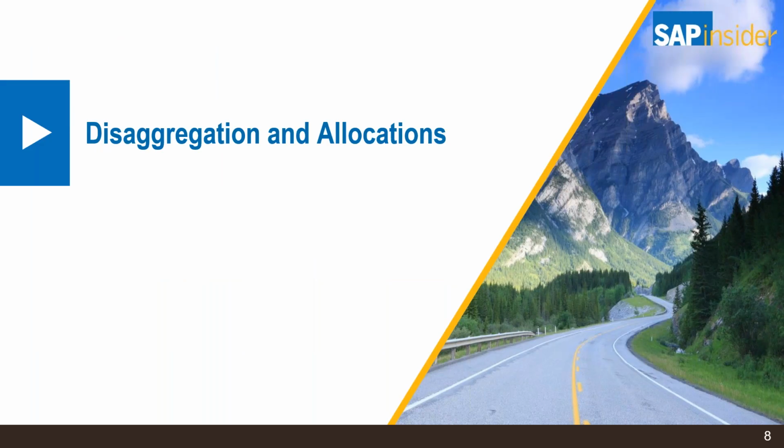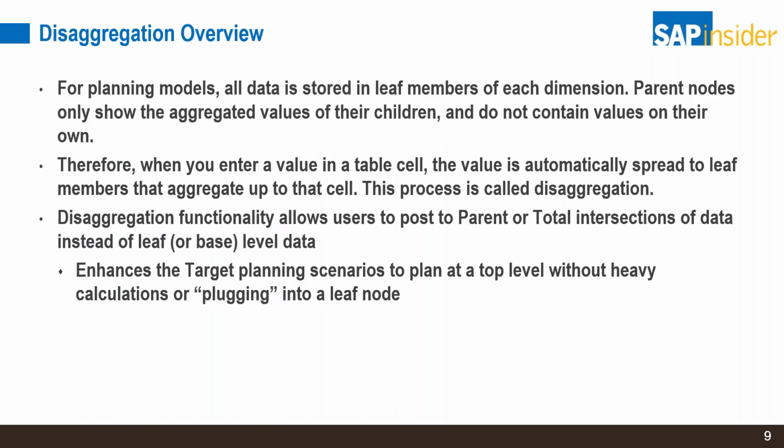Okay, so that was the budget preparation, some of the things that we would do up front, building our templates. Now once that preparation and workflow is all set together, some of the other core functions or terminology that we talk about in Analytics Cloud is the disaggregation and allocation functionality.